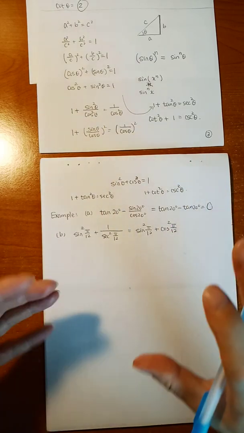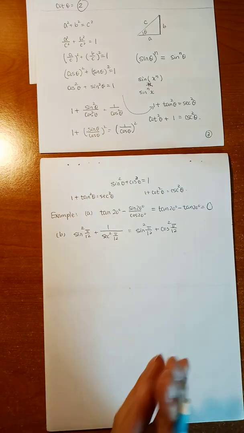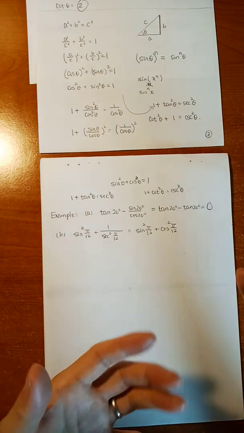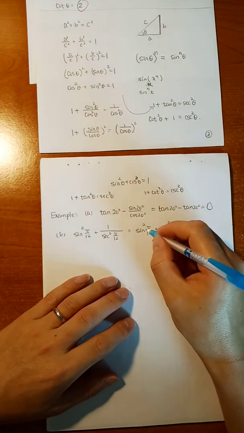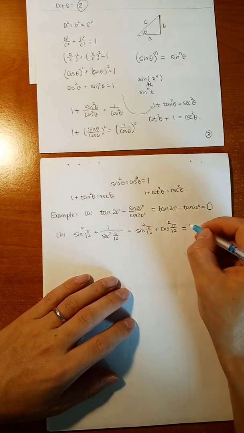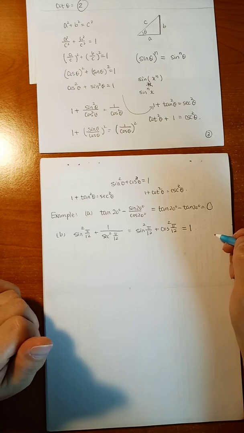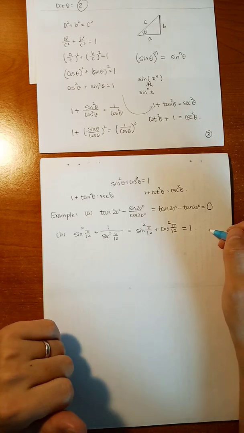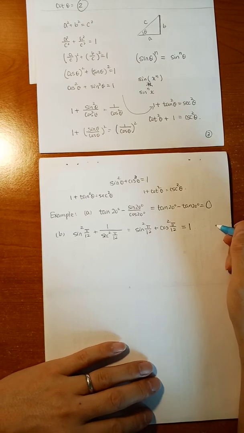Okay, so once you have a pair of reciprocals, you flip one, you get the other one, always. And once you have sine pi over 12 squared plus cosine pi over 12 squared, by the Pythagorean theorem it is equal to 1.